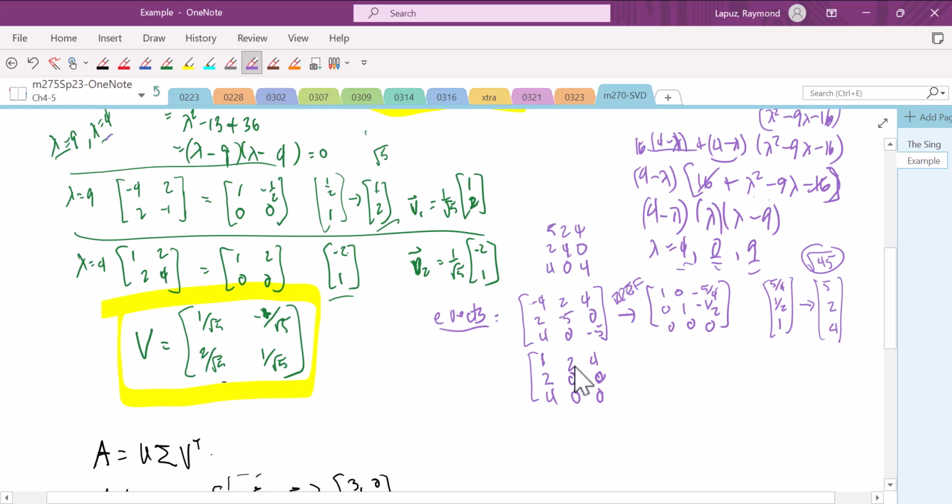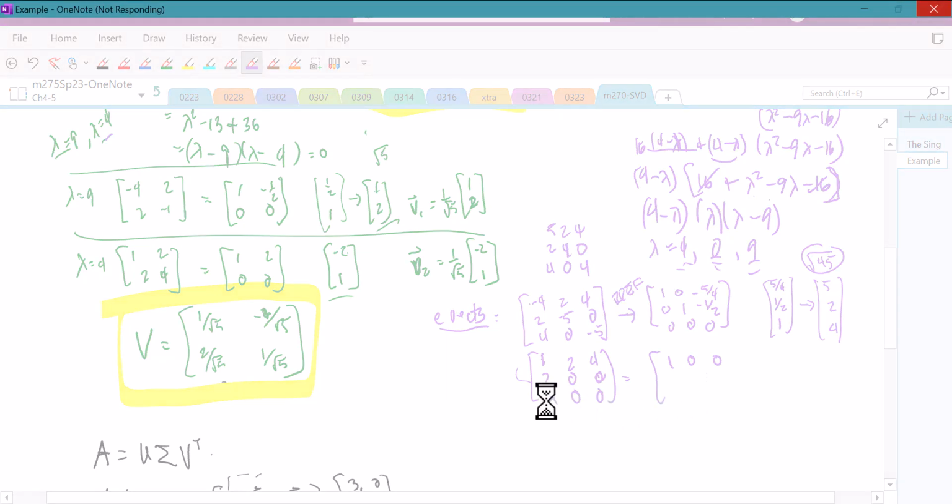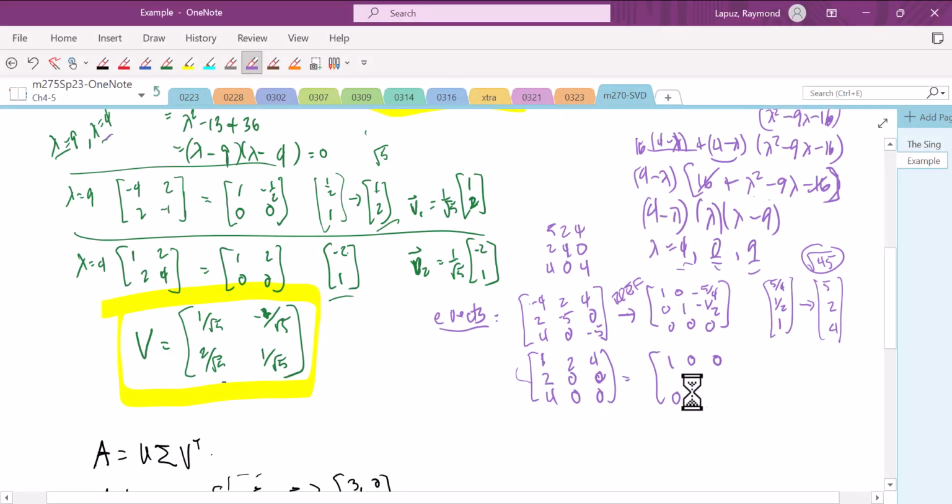So let's see. Let's put this up on top and make it into a 1. So we got 1, 0, 0. And this last row will disappear because I just multiply that by 4.